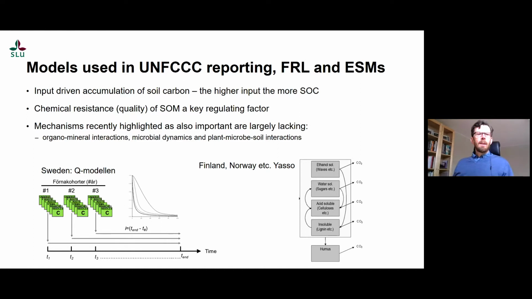To a lesser degree, it highlights the quality of the organic matter itself.